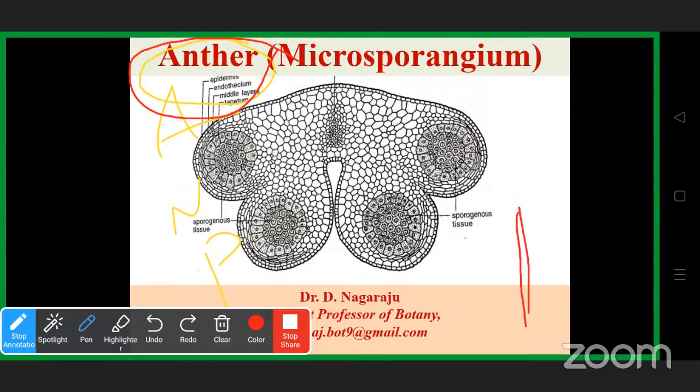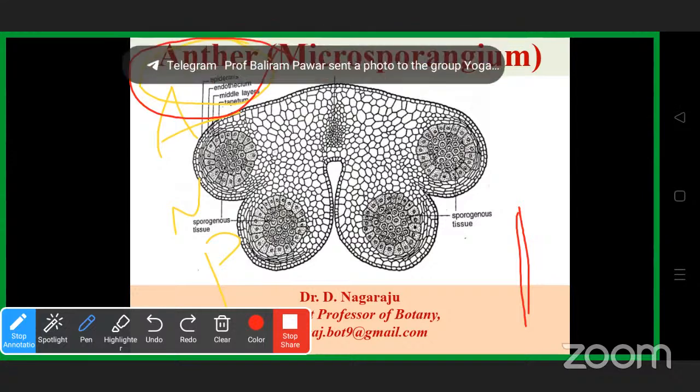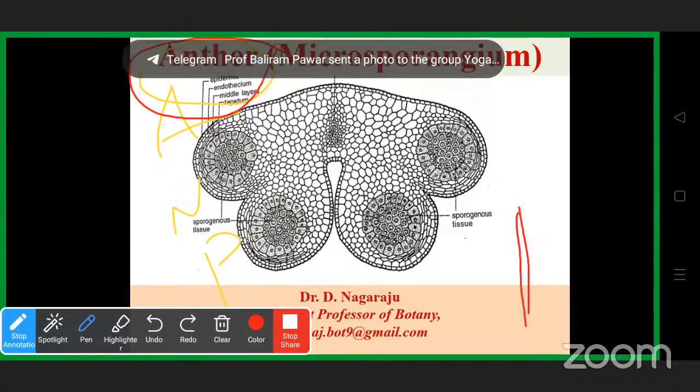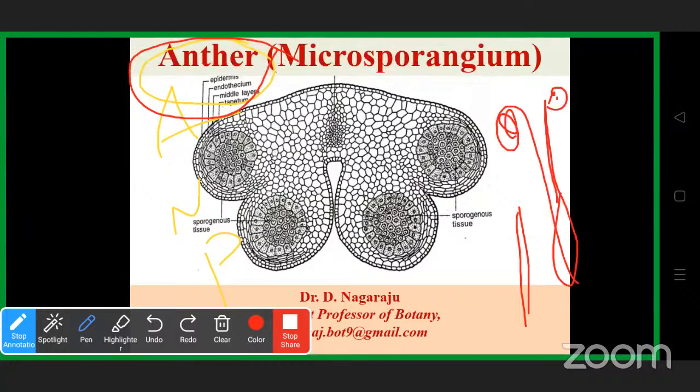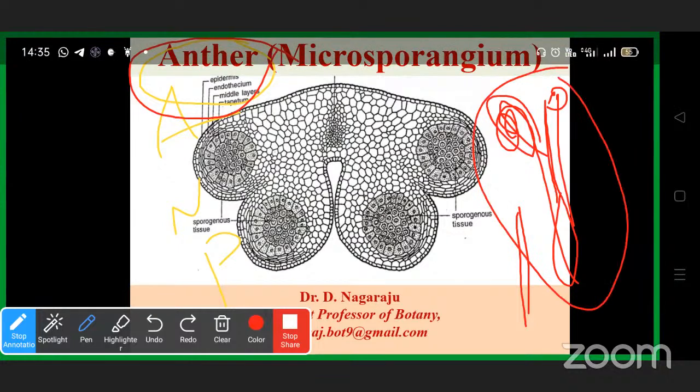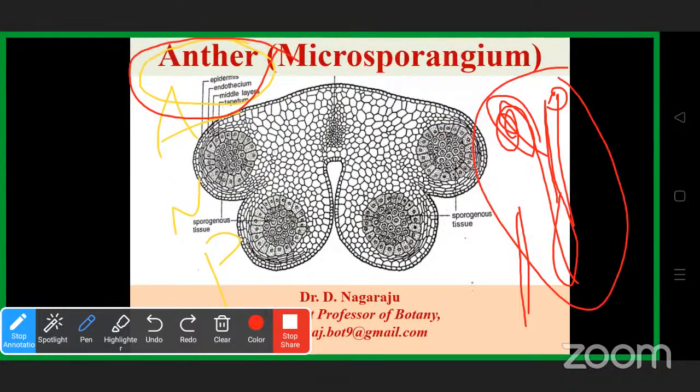You know, anther means androecium and gynoecium. Gynoecium and androecium are the two essential organs of the flower. And sepals and petals are the non-essential organs of the flower.